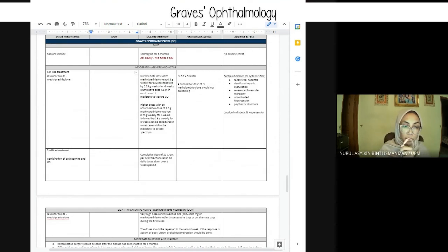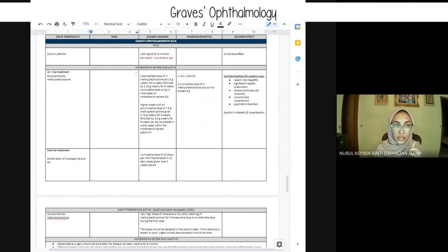Cumulative dose of 4.5 gram in most cases of moderate to severe GO. And then high doses with a cumulative dose of 7.5 gram methylprednisolone, given 0.75 gram weekly for 6 weeks, followed by 0.5 gram weekly for 6 weeks, can be considered in the worst cases within the moderate to severe spectrum.